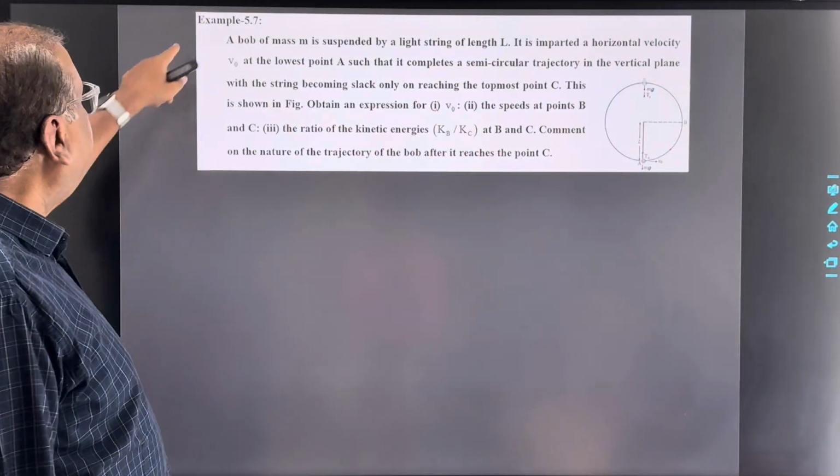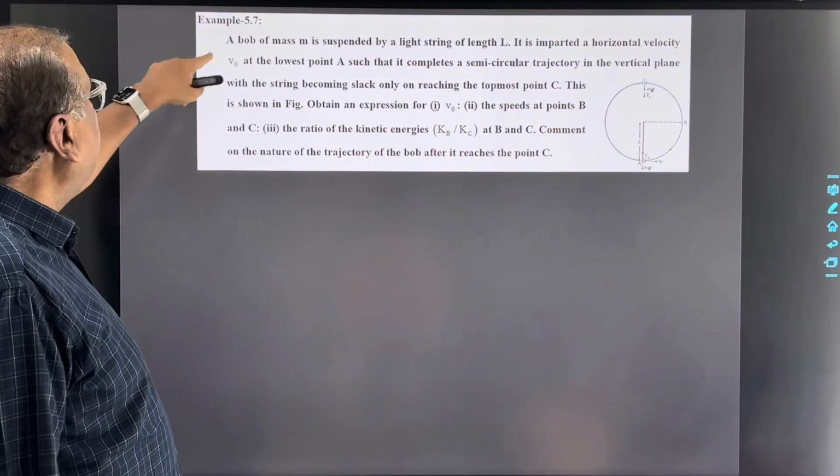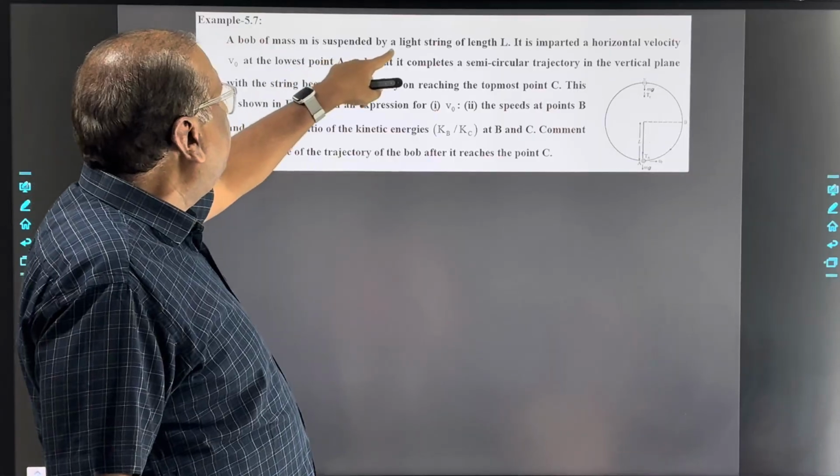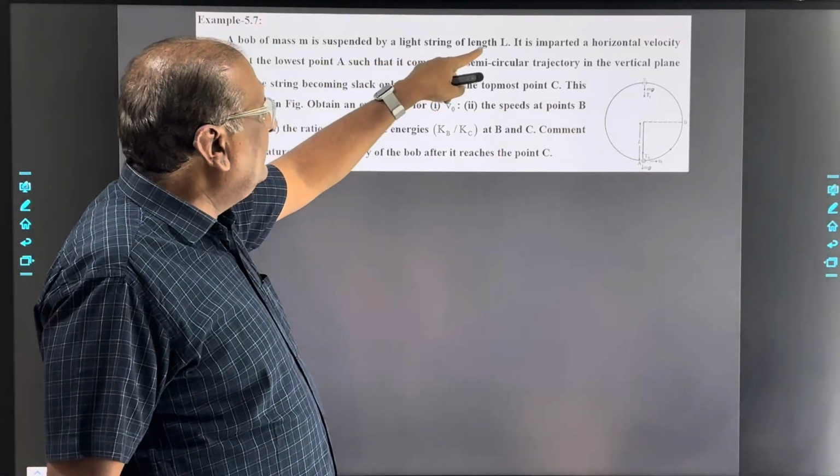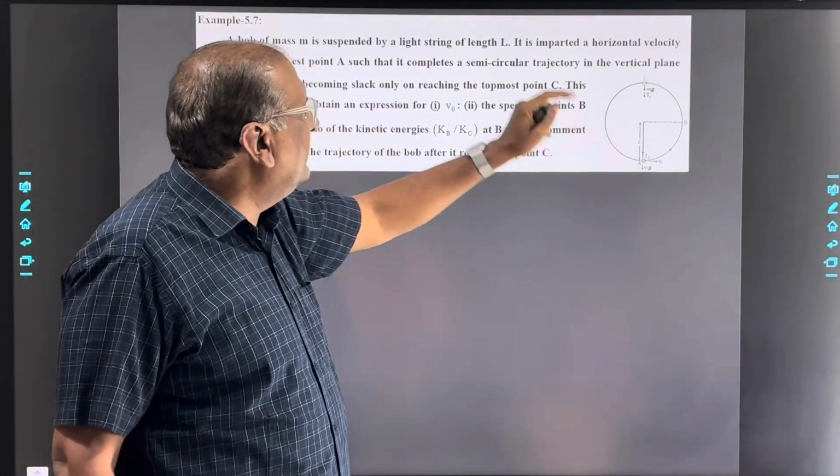Now example 5.7. A bob of mass m is suspended by a light string of length L as shown in this figure.